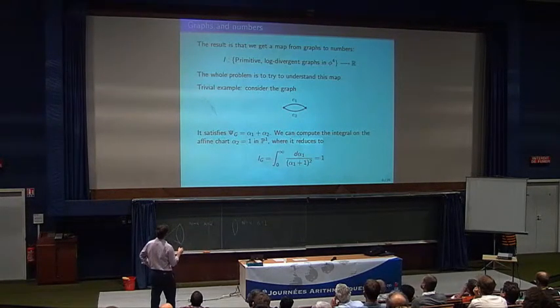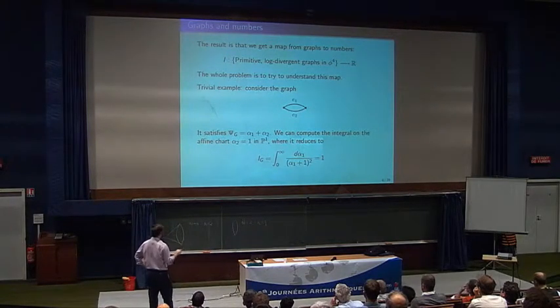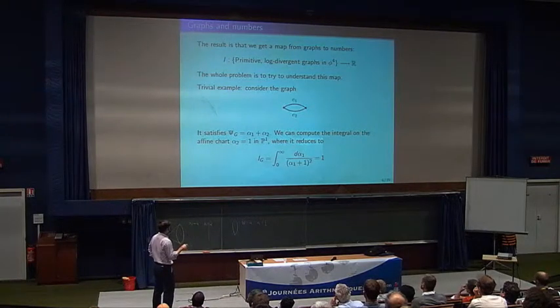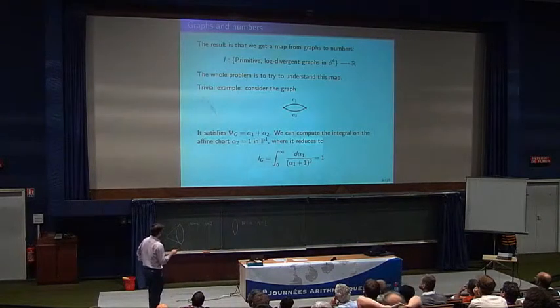So let's do a trivial example. Here is a graph which satisfies all the conditions with 2 edges and 1 loop. It has 2 spanning trees, simply the edge 1 and the edge 2. So its graph polynomial is just alpha_1 plus alpha_2.